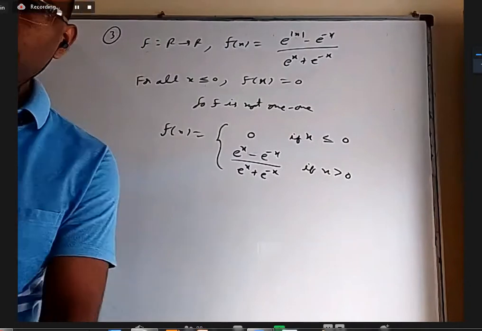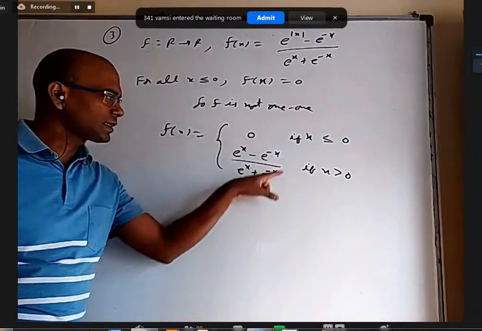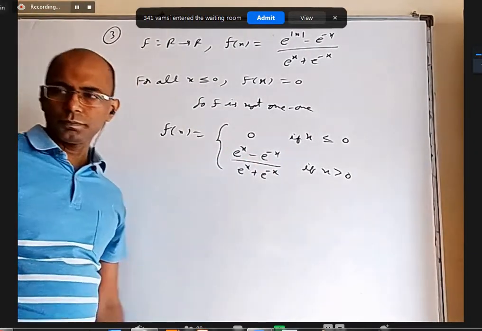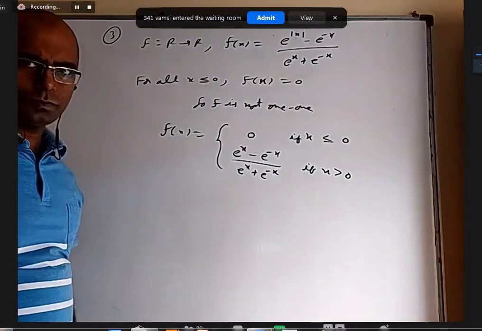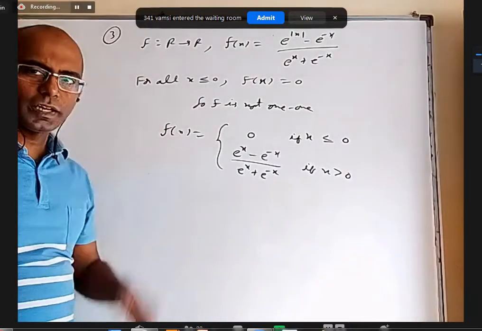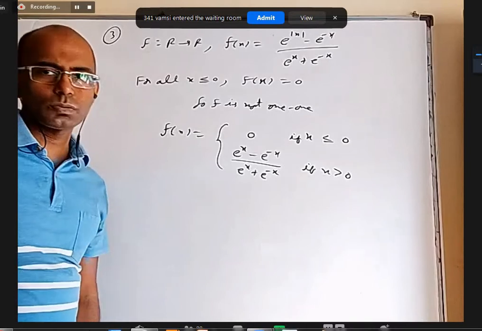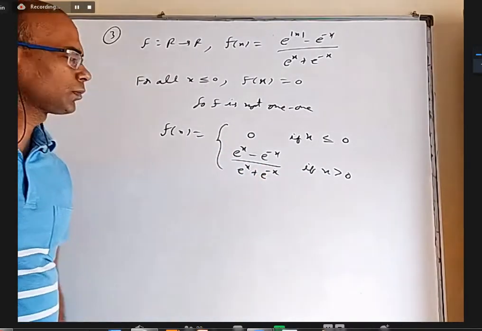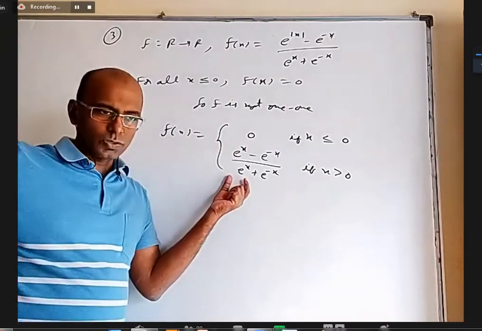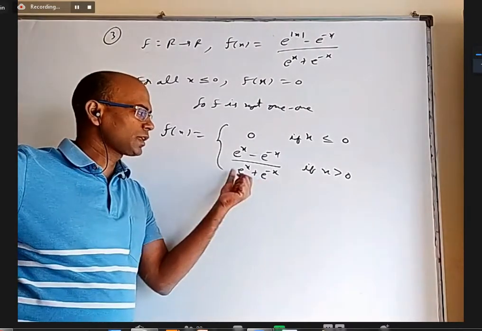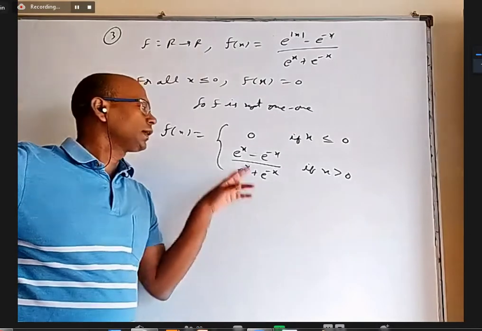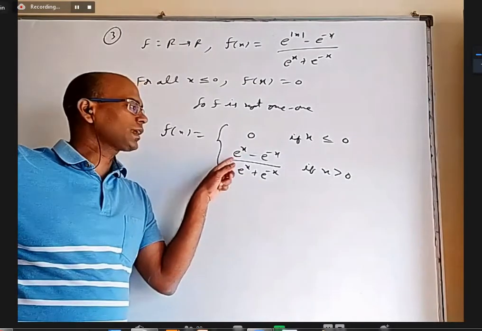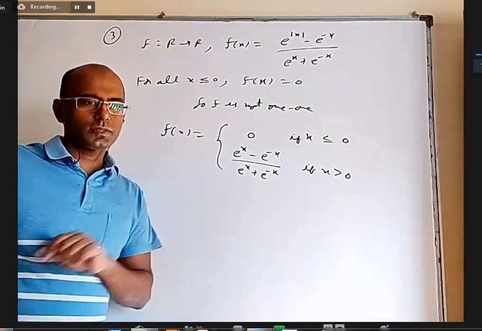If you substitute any positive number, will the answer come positive or negative? If I take f of 5, f of 2, f of 0.2, f of 100, positive. e power x is positive, e power minus x is positive, their sum is positive, so the denominator is fine. Coming to the numerator, e power x is greater than e power minus x for positive values.